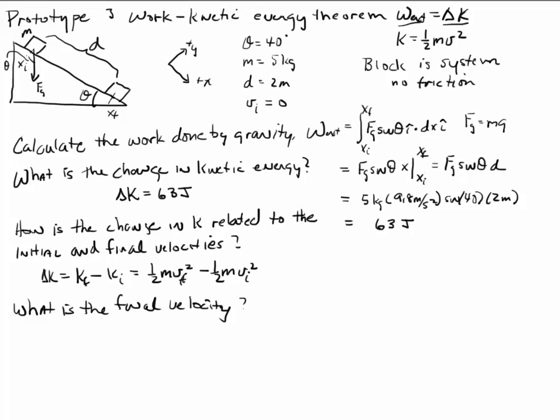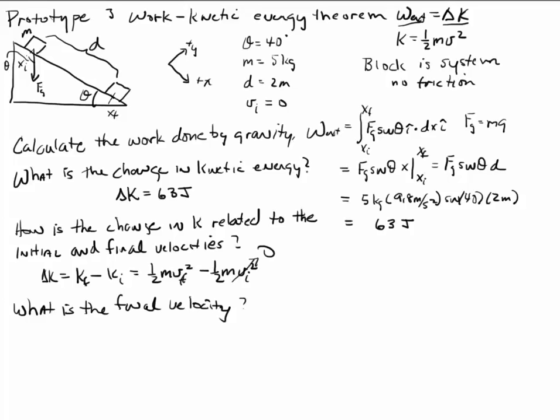What is the final velocity? Well, we're given that the initial velocity, vi, is equal to 0. And so we can solve, because we know what delta K is. Delta K is 63 joules.